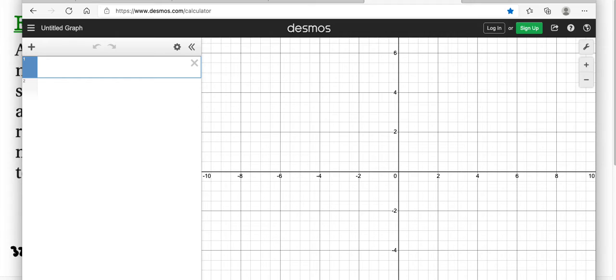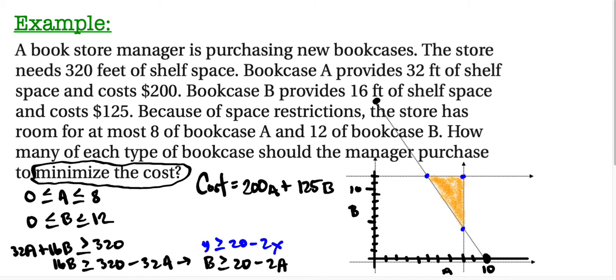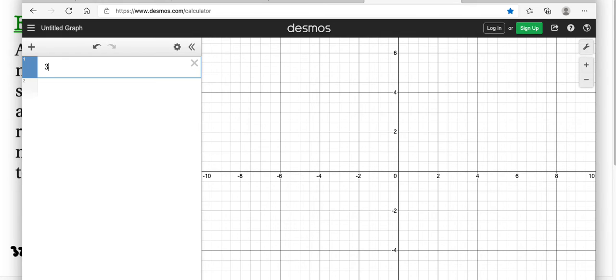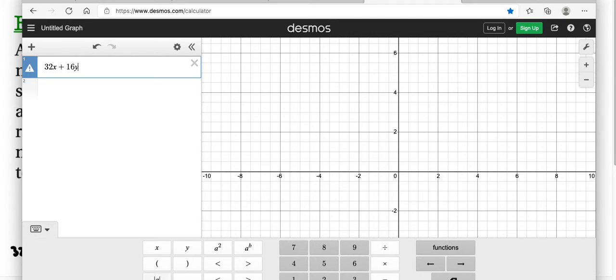Now, let's test this out. Our equation was 32x plus 16y is greater than or equal to 320.